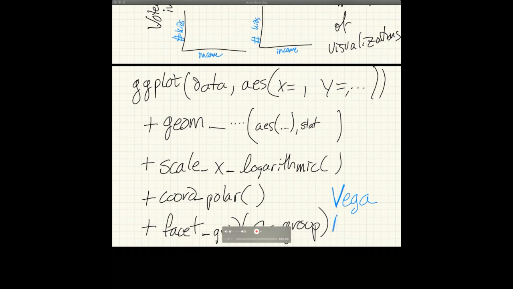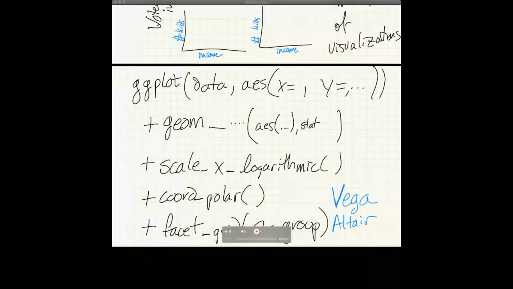Or there's also something like Altair, a clone of Vega, that do the same thing. So this idea of thinking about plotting in a structured way as layers that have scales, an implicit coordinate system, and then that can be faceted or combined is completely ubiquitous. This is how people think about plotting now. And ggplot was the first real popular technical system that did this.